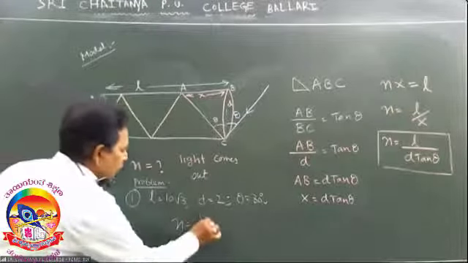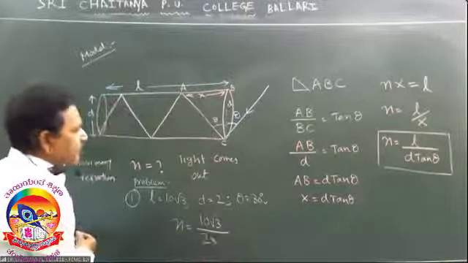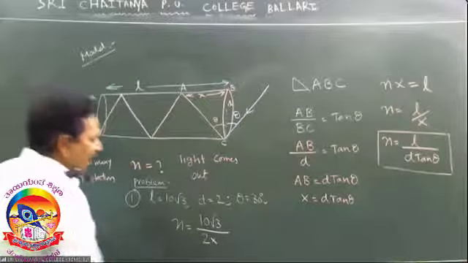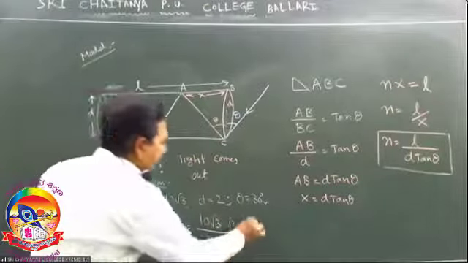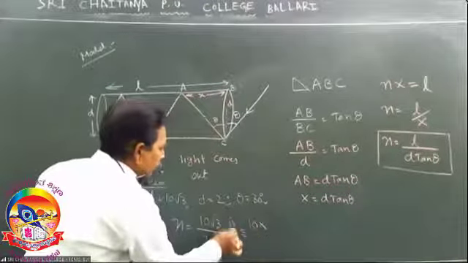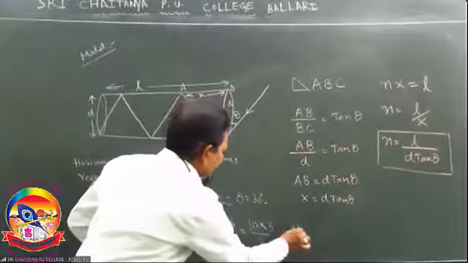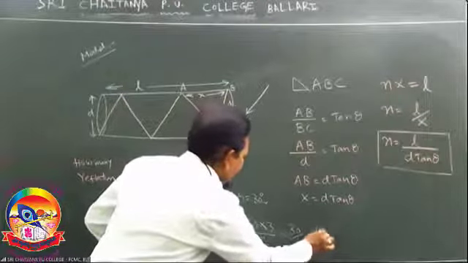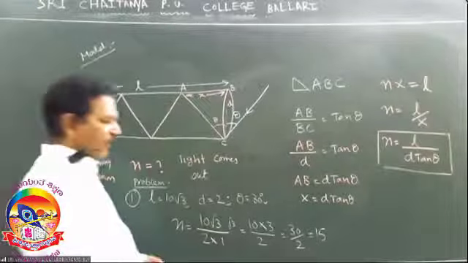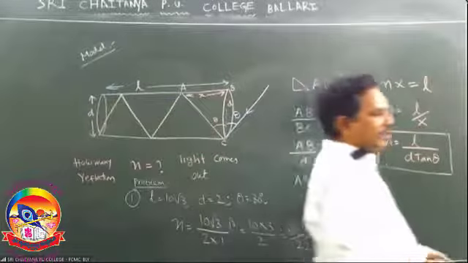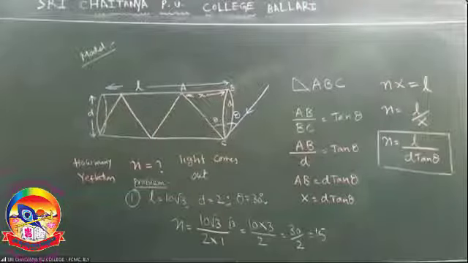L value 10 root 3 by D value 2 into tan 30 value 1 by root 3, that is equal to 10 into 3 root 3 into root 3, 3 by 2, that is 30 by 2, which is equal to 15. So before coming out, the number of reflections that will take place is 15.